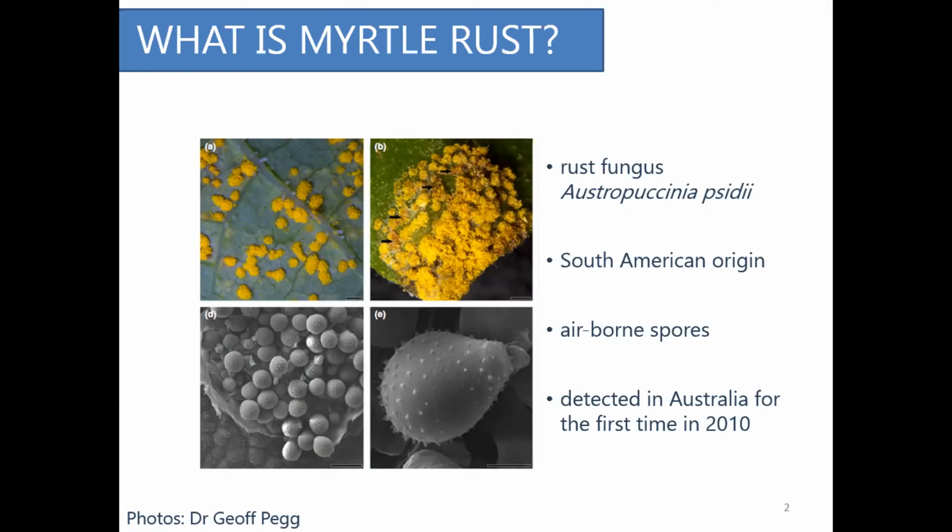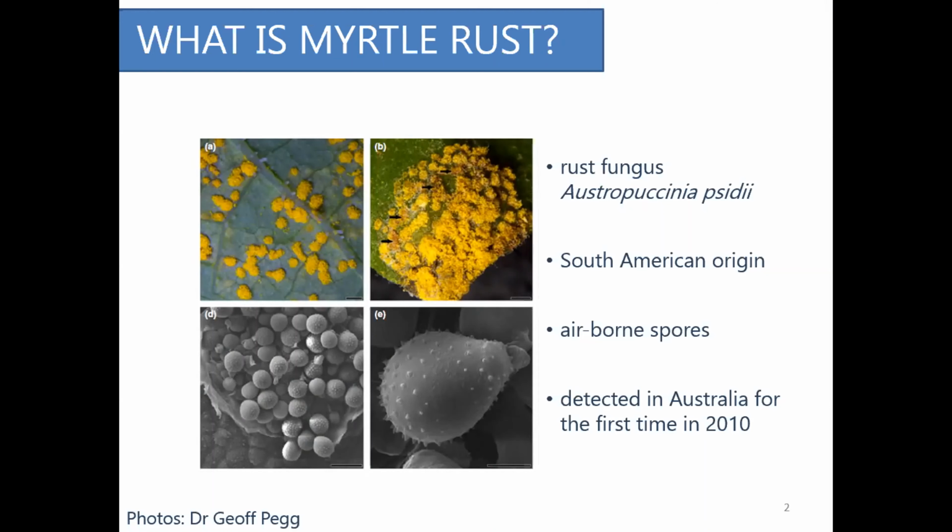The photo below that in black and white is showing electron microscopy magnification of the spores, and one spore is about 20 microns, so very small, but when you've got a big mass of them, they're very obvious. The disease is named Myrtle Rust in Australia, but overseas you would be talking about eucalyptus rust or guava rust. It's the same thing.